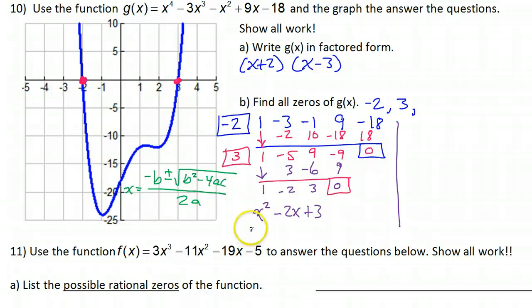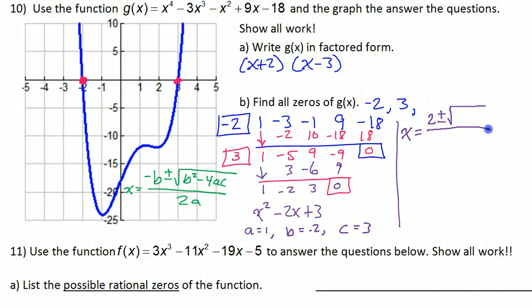So I've got a is 1, b is negative 2, and c is 3 from these coefficients. The opposite of b will be positive 2, plus or minus the square root of some stuff, all over 2a. Well, 2 times 1 is just 2.